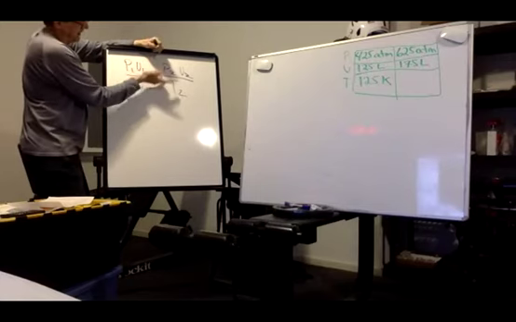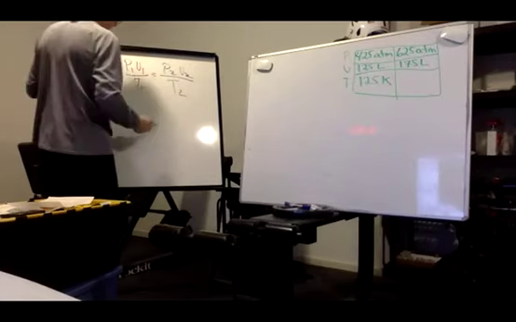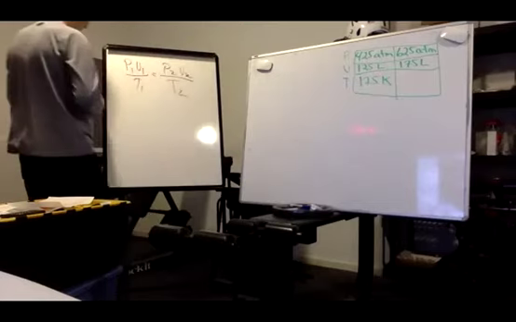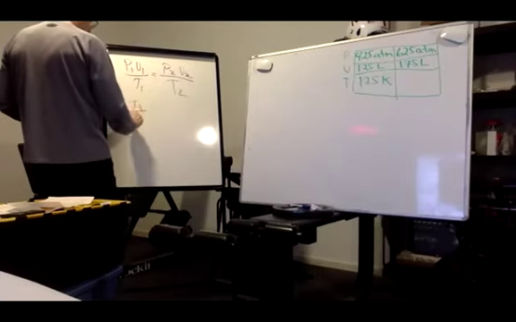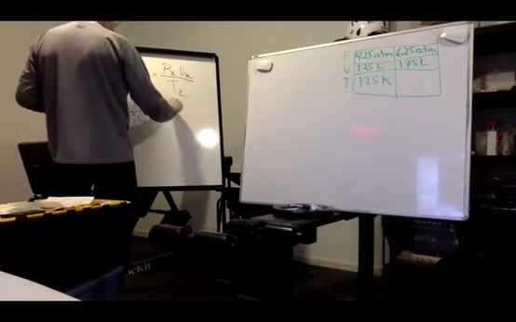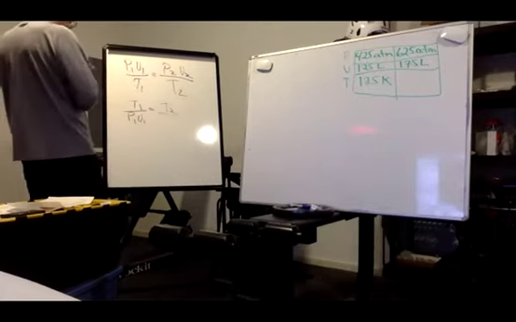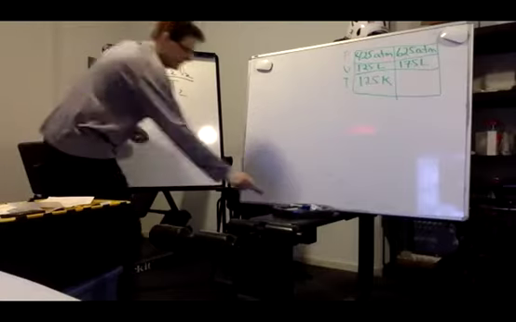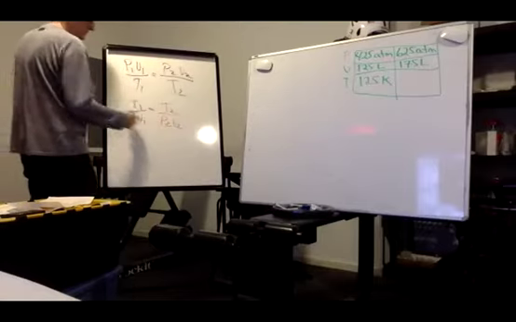I put it on the top by flipping everything over. So if I flip everything over, I have T1 over P1 V1, which is equal to T2 over P2 V2.